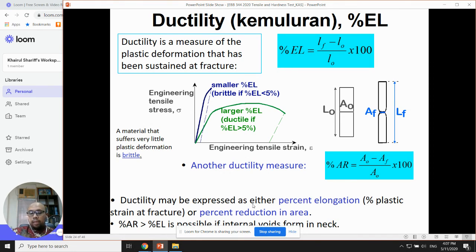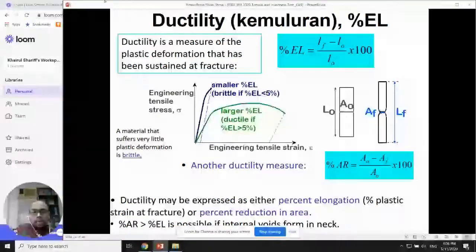Maybe you can jot down in your notes, please put a star. This is quite a famous question for the final, even for the test. Sometimes we combine these, and you need to calculate the percentage of elongation and the percentage of area reduction, and then justify the answers by using the stress-strain curve. So in this particular example, you need to understand how to translate that information into calculation as well as explanation.